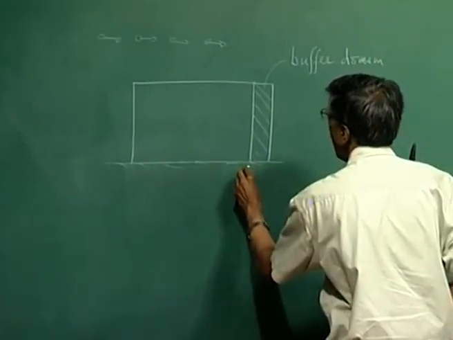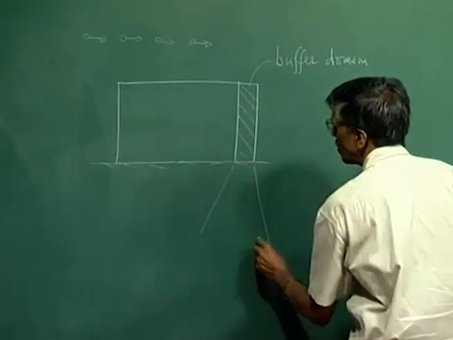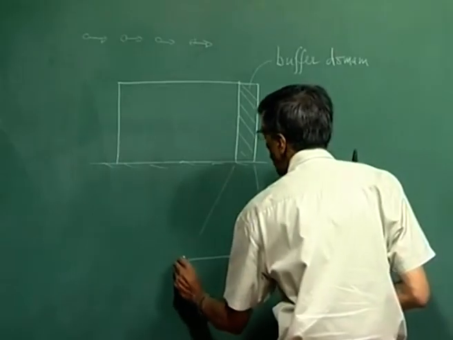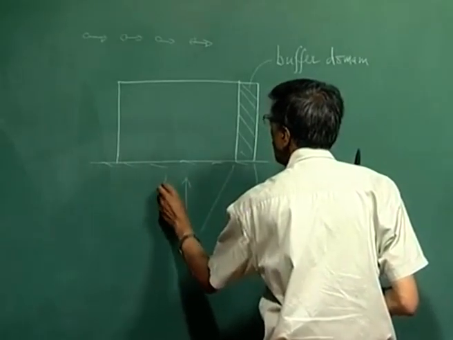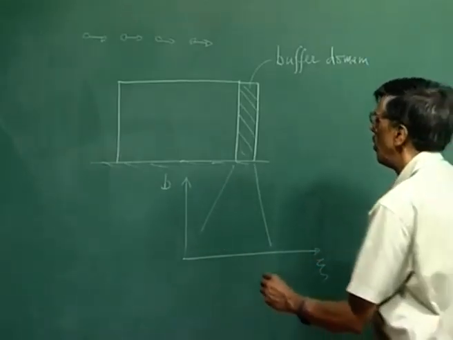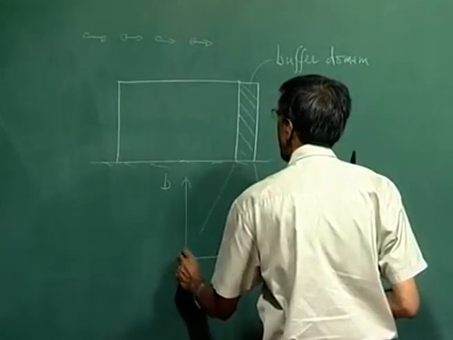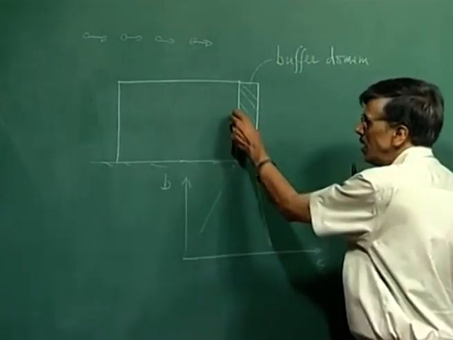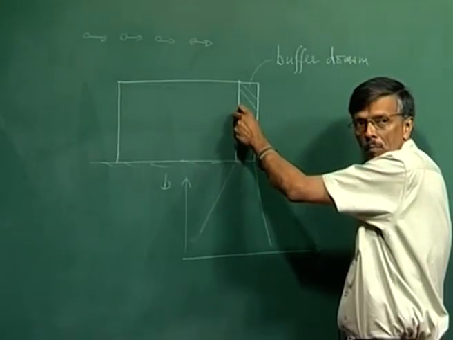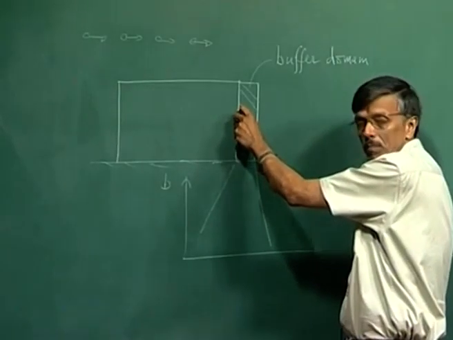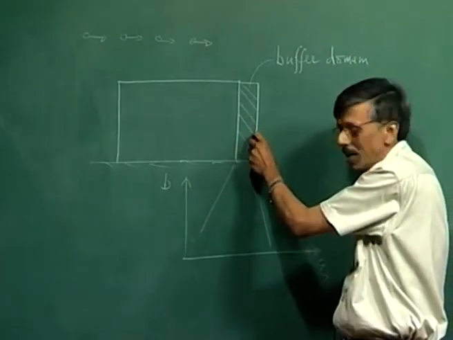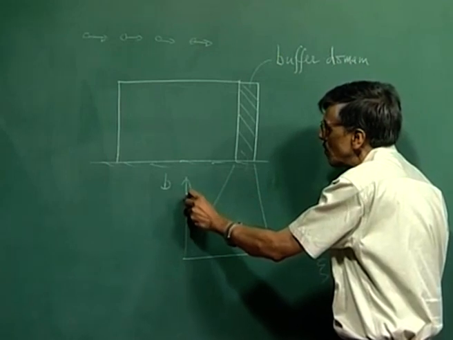So, if I stretch this part, I could plot b versus say xi here. So, if I have done it like this, it takes the value b equal to 1 here, and then it smoothly brings it down to 0 at the end of the buffer layer. So, it would be something like this.